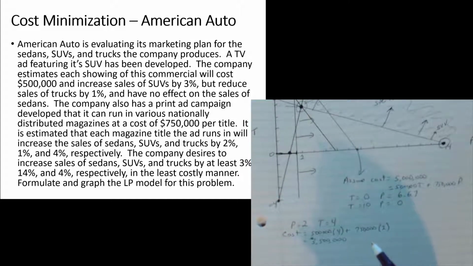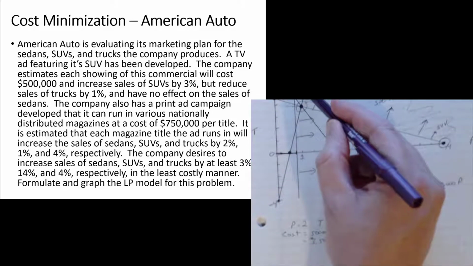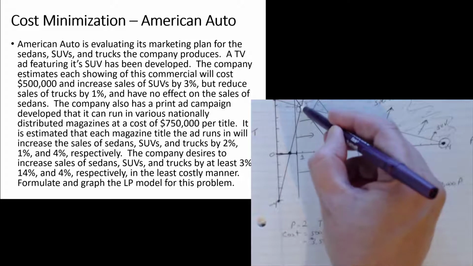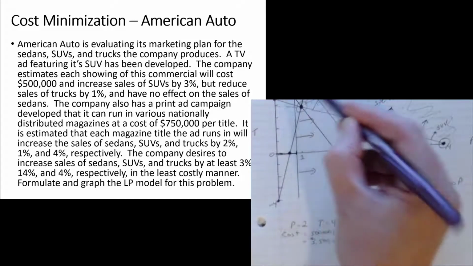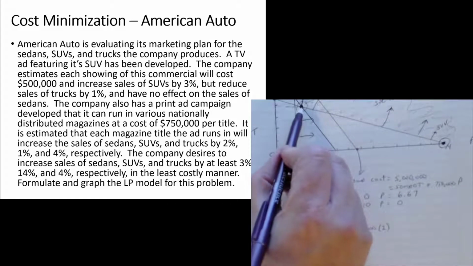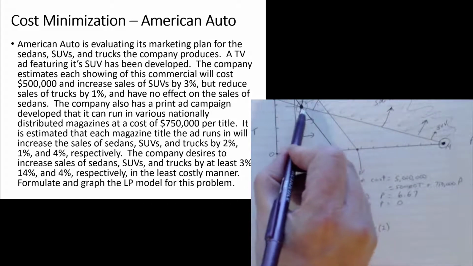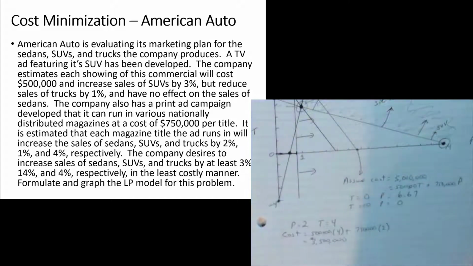Now, if we wanted an exact number, we know that the constraint for truck is binding, right? Because it's part of the optimal solution, the corner point's optimal solution, and the constraint for SUV is also binding. So we could just find an intersection of those two constraints of SUV and truck and solve for that just like we did in unit number 2, and that would get us an exact amount.